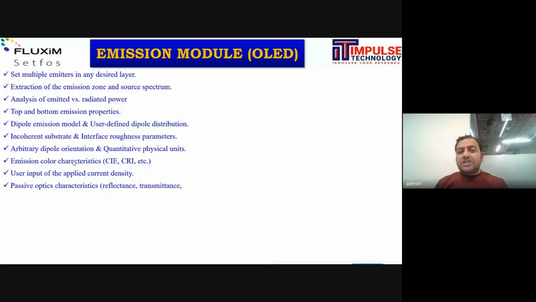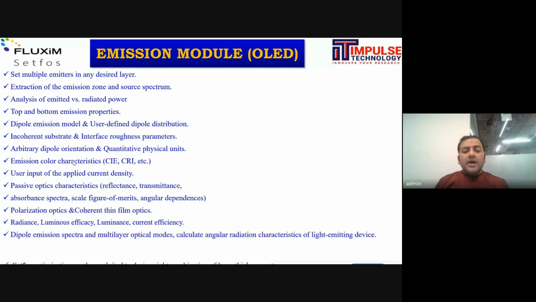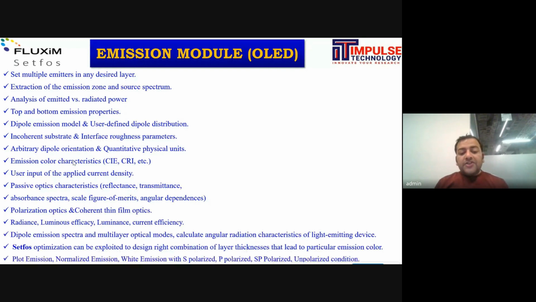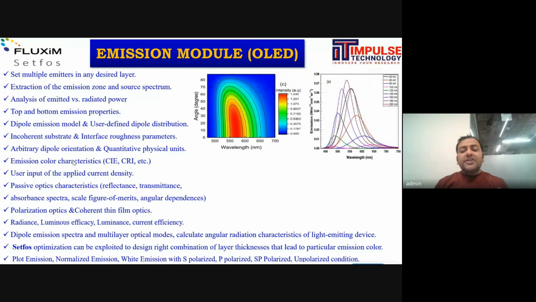Emission color characteristics, CIE color diagram, RGB, you can plot them, applied current density, reflectance, transmittance, absorption spectra, figure of merit, angular dependence, polarization, coherent, thin film, radiance, luminance, luminous efficiency, current efficiency, dipole, emission spectrum, optical modes, angular radiation characteristics of LEDs, and you can optimize different layer thicknesses based on particular emission colors, emission spectrum, normalized emission, white emission, S-polarized, P-polarized, unpolarized, SP-polarized.